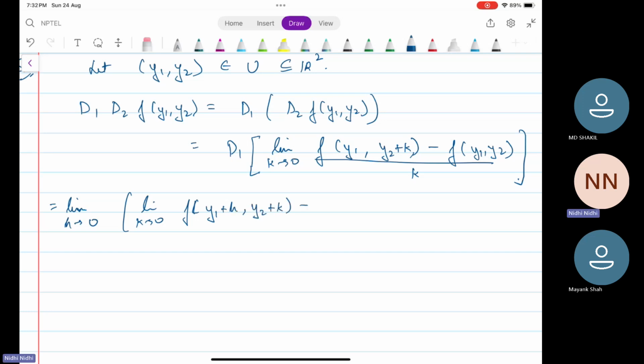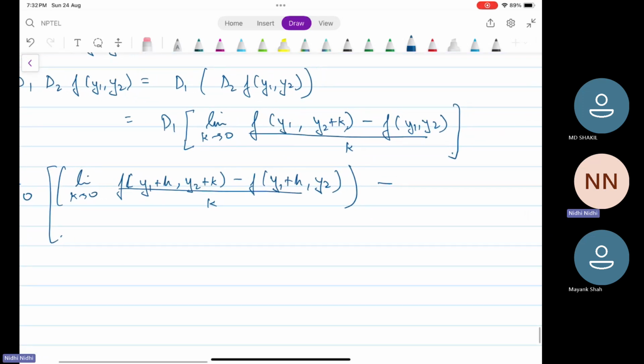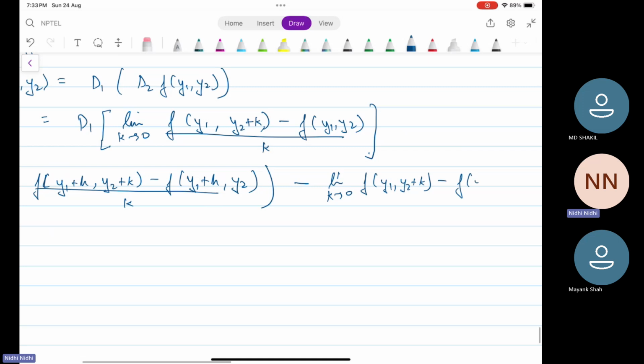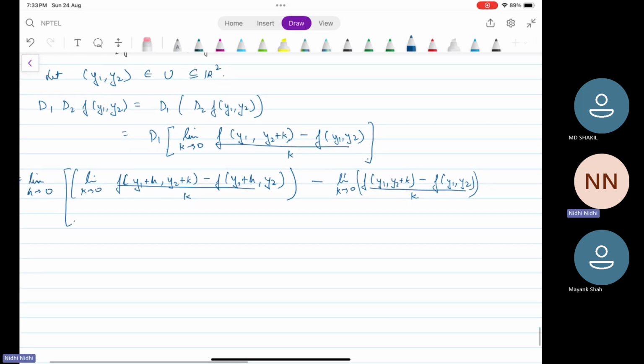So we get f(y1 plus h, y2 plus k) minus f(y1 plus h, y2) by k, minus, as it is, limit k tending to 0 of f(y1, y2 plus k) minus f(y1, y2) by k, all upon h.